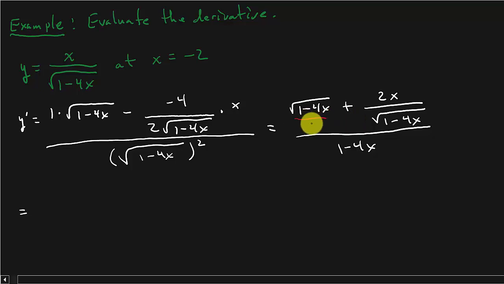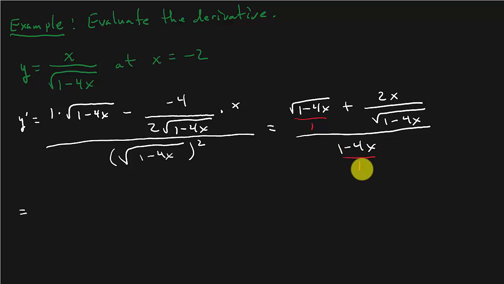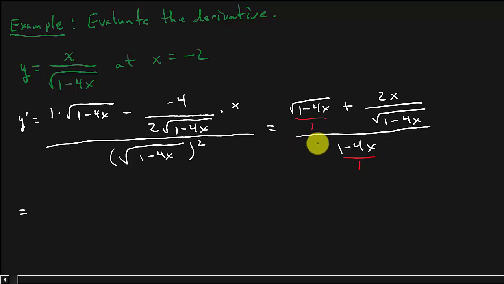Well, we can look at all of this as each of those being over 1. We got a complex fraction, right? So I can multiply each term by the common denominator of 1, 1, and square root of 1 minus 4x. So let's do that. So times square root of 1 minus 4x, times square root of 1 minus 4x, and times square root of 1 minus 4x.